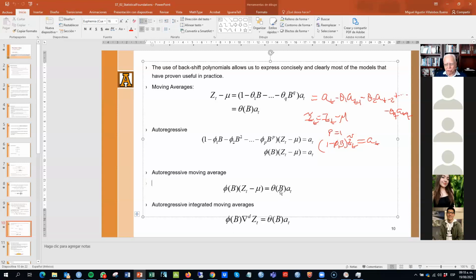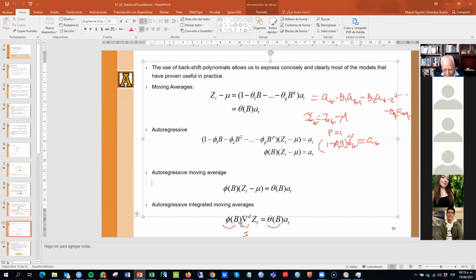This is a moving average polynomial, and I have both. And then when I add the difference equation, I can have a more general model, which is the autoregressive integrated moving average. I have an autoregressive term polynomial. I have a difference, which is the equivalent of integrating back the variables, and this is a moving average polynomial.